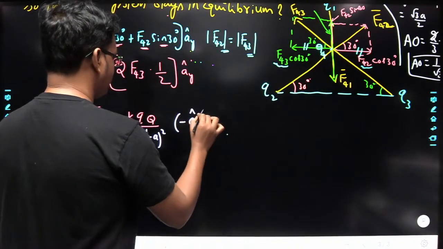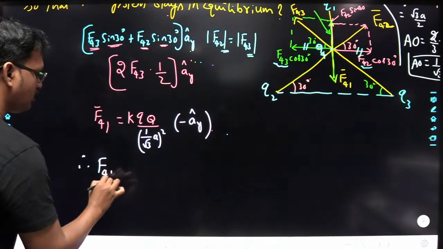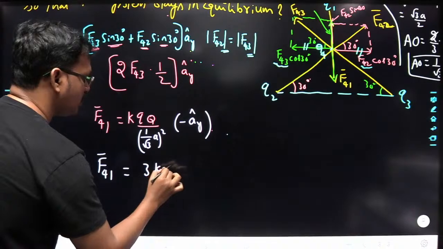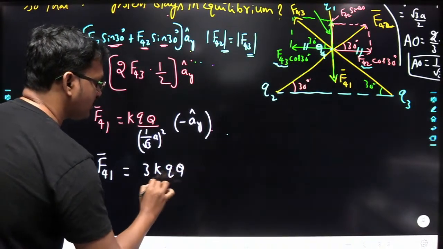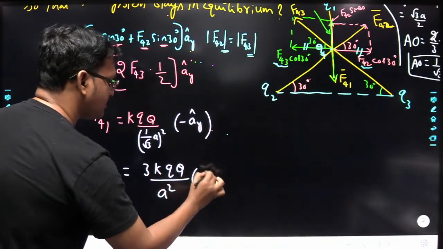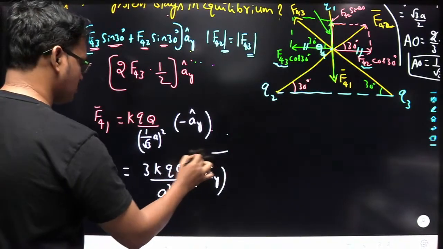Therefore F41 is equal to 3 K Q Q divided by A square, in the minus AY cap direction.